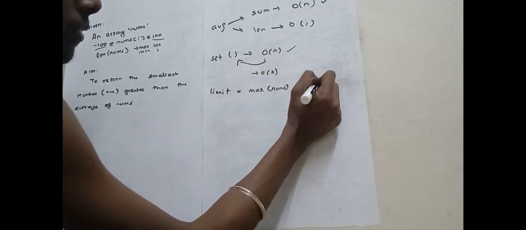And then this is one O(n) and this is another O(n), and then our limit. We'll be taking the end limit as maximum of nums, right? So to find this maximum would take another O(n).